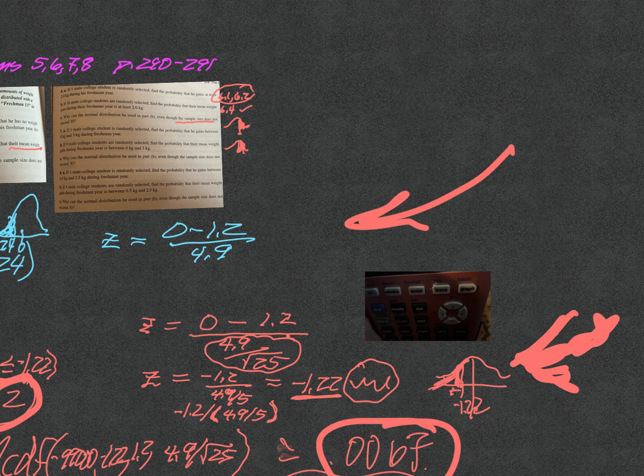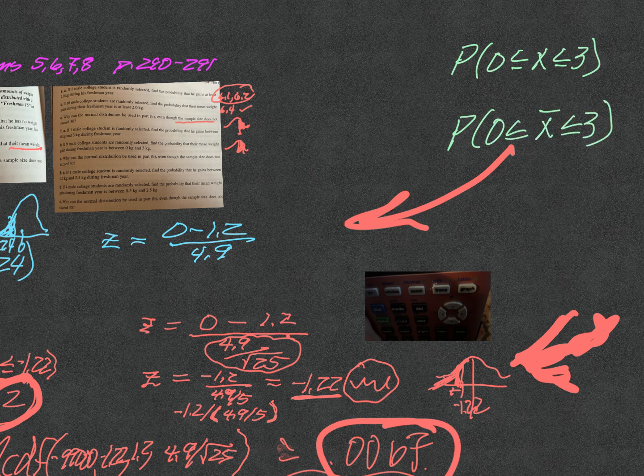We want to find the probability of gaining between 0 and 3 kilograms for one student, and then we want to do that for a sample of size 9. So that's 7b, for a sample n equals 9.